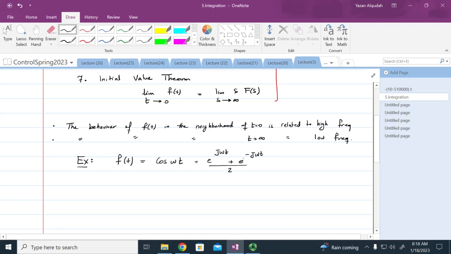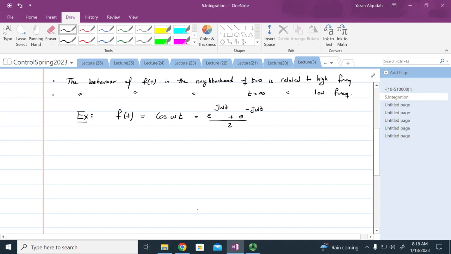Everybody remembers this formula for the cosine? What is it for the sine? Is there a minus in between the e's? It is a minus, over 2j. Excellent.